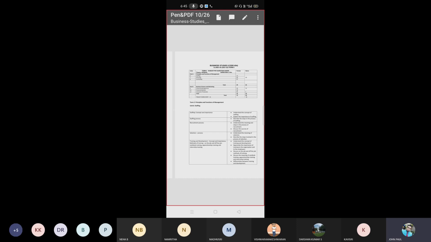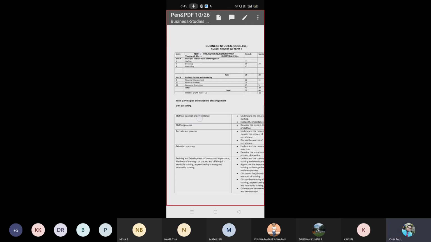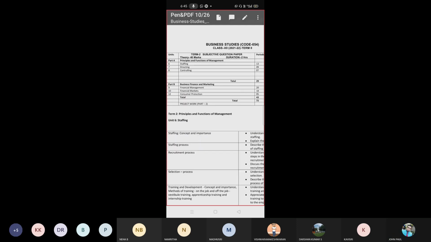So this is term two. In term two, from part A, staffing, directing, controlling. From part B, financial management, financial market, consumer protection. So this is for term two.